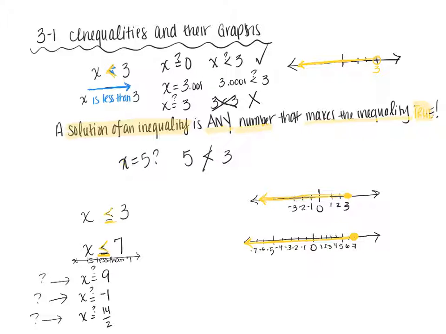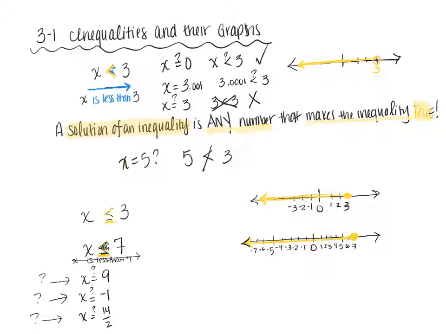And how do I remember if it's less than? Because my alligator wants to eat my bigger number. So 7's bigger, so x has to be smaller than 7 for it to still be alive. So if x is less than 7, the arrow's going this way, and because it's equal to, my yellow dot is completely filled in on 7.